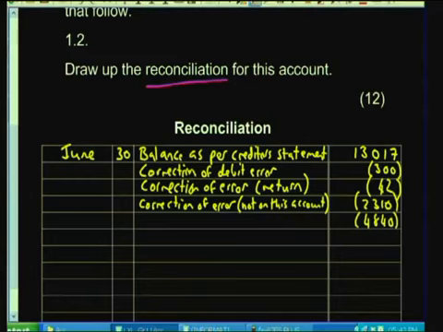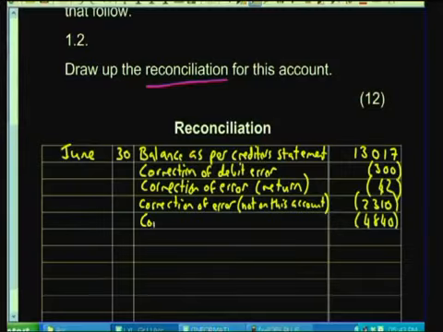as a negative. Remember once again, and I'm going to stress this point because it's very important, the 4,840 is double the amount that they incorrectly added. They added 2,420 when they should have subtracted 2,420.